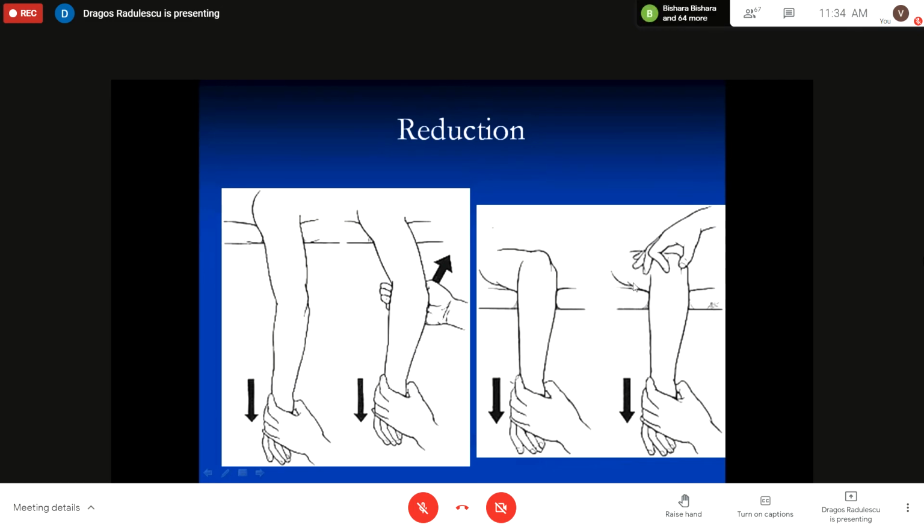See, so the arm is at the edge of the bed. But it's the same principle. As you can see, you palpate the olecranon with one hand, you place one hand on the wrist. Try to do traction first in the arm's direction, then traction in the forearm's direction, adding the external or internal rotation if it's needed.